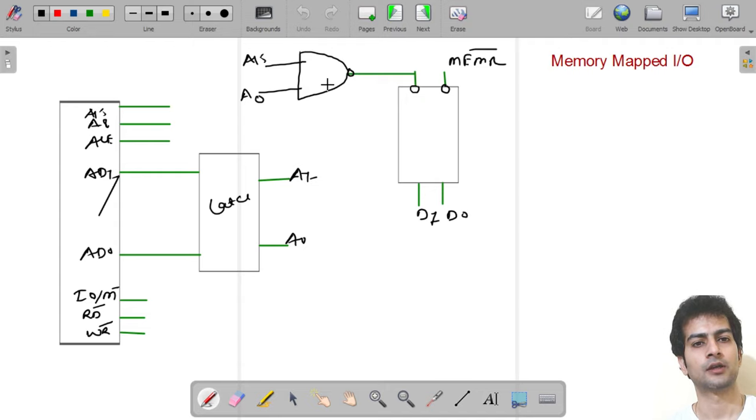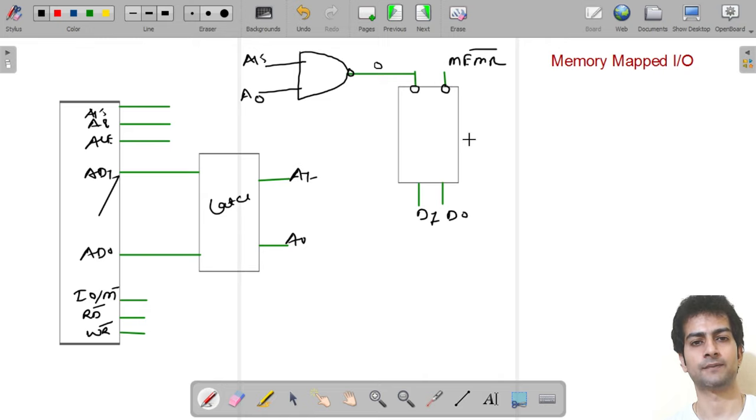Here we can see we have 16-bit addresses A15 to A0 connected with a NAND gate, and when its output is 0, then this will be enabled. So you will say, sir, it's a 16-bit address, and here we have already written memory read. It means that this is a memory.